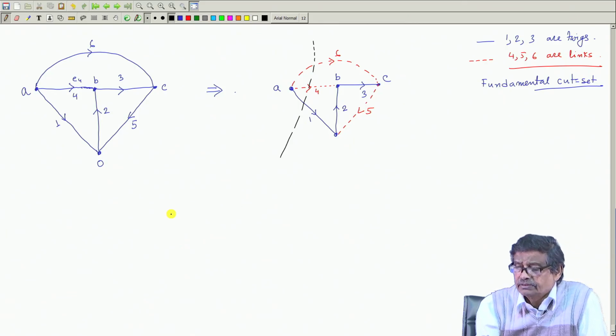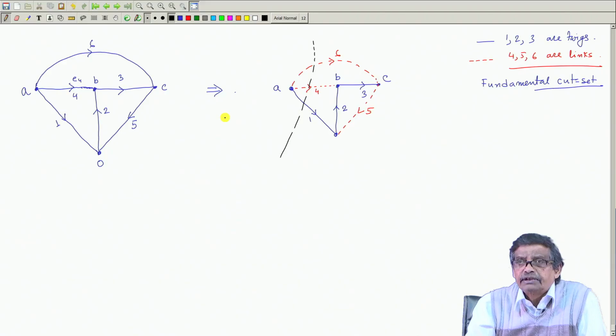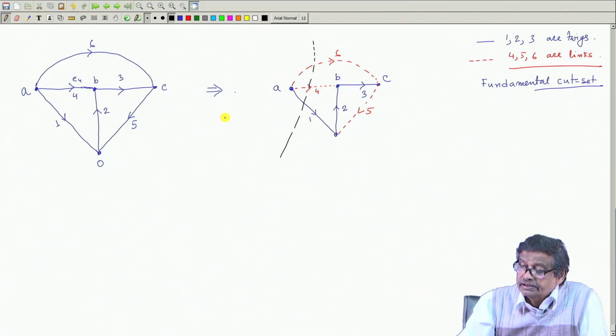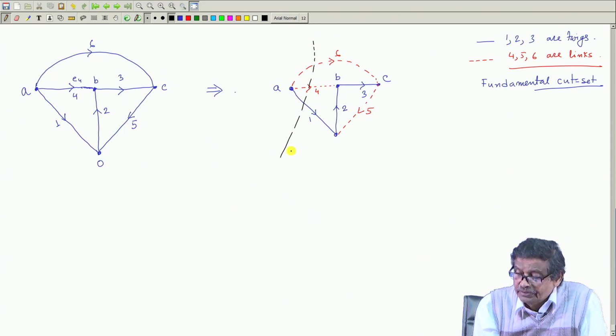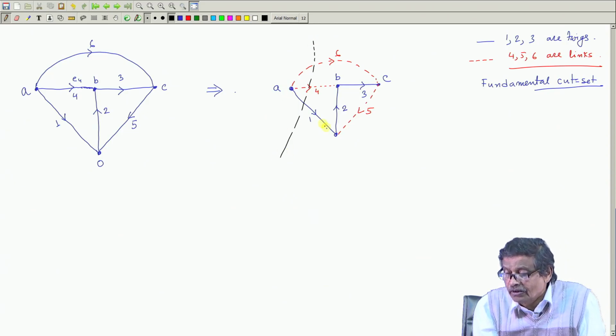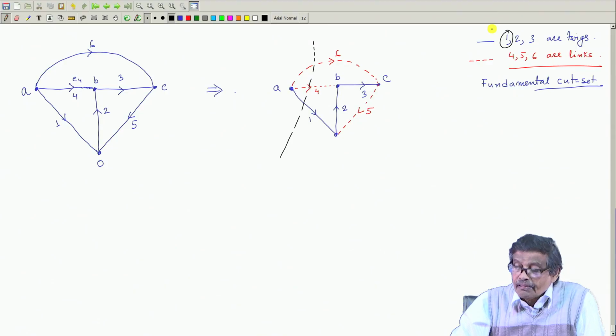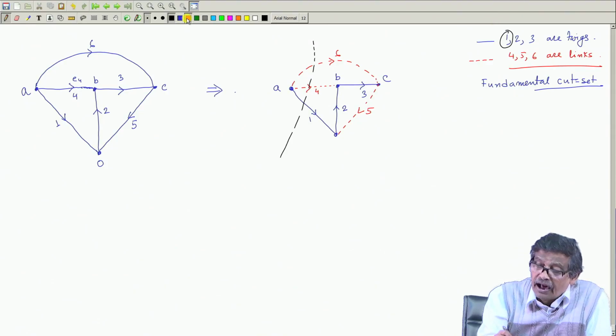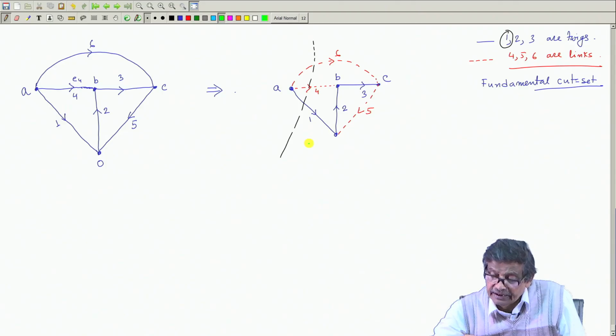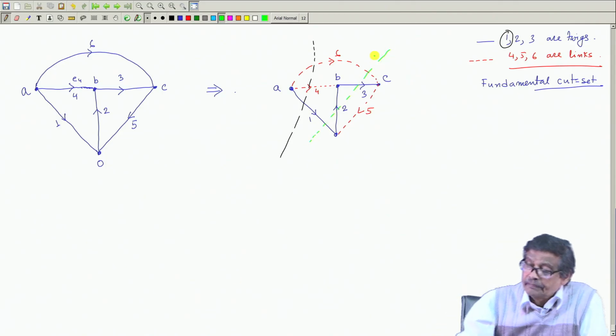Okay, fine, there is at least one node present on the left hand side. And not only that, when you cut it, it will only involve one twig, twig number 1. Suppose I take a cut set which will divide the network in this way.